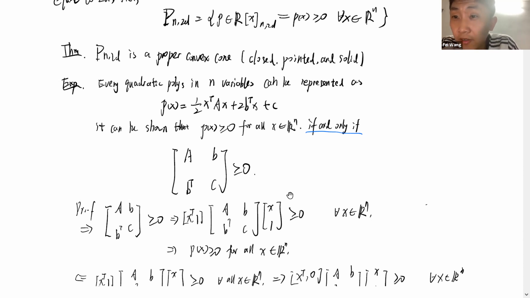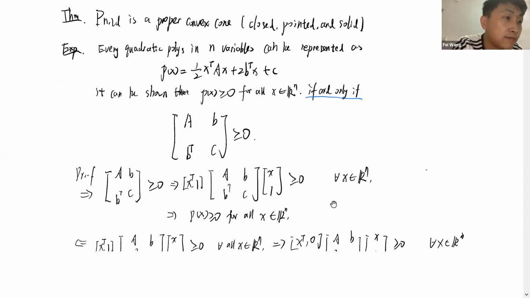So how do we prove this claim? Suppose the matrix [A, b; b^T, c] is positive semi-definite. It implies that (x, 1)^T times the matrix times (x, 1) is non-negative for all x in R^n.